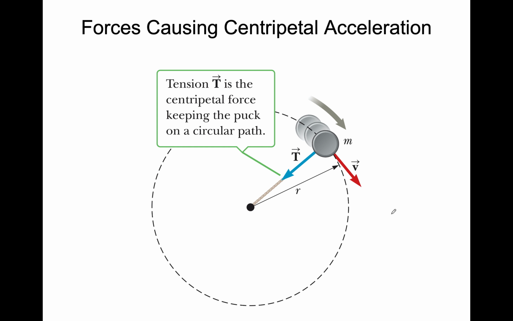And we call the force which causes centripetal acceleration the centripetal force. So in this example, we have a disk attached to a string doing rotational motion. This is T pointing to the rotational axis, and this T provides the centripetal force.